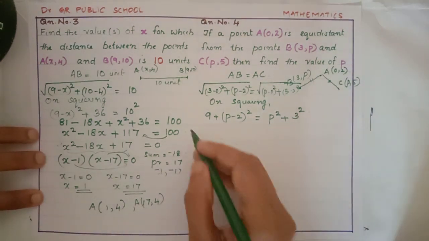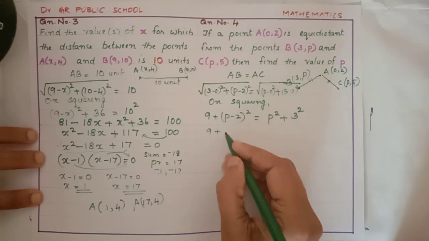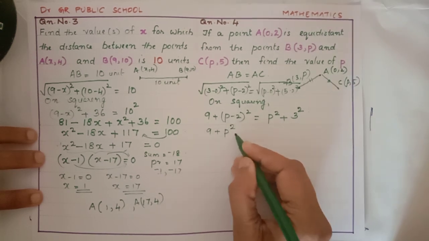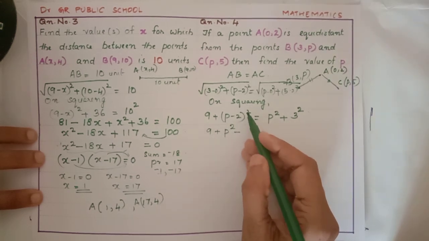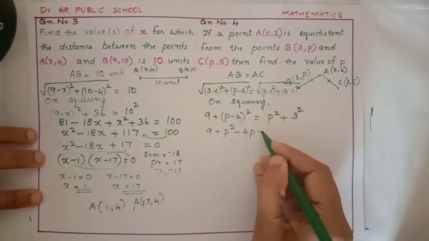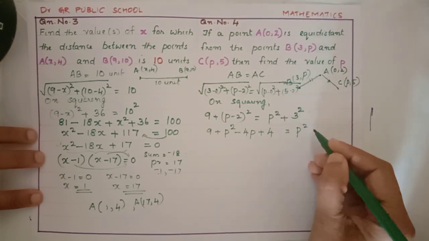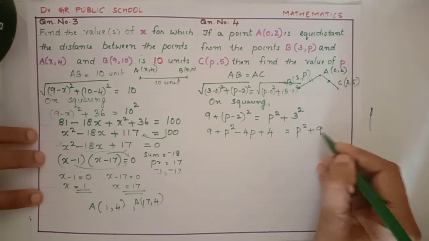Okay children? Now simplification: 9 plus, again (a minus b) the whole square, it is p square minus 2ab, 2 into p into 2, 4p, plus 2 square is 4, equal to p square plus 9.